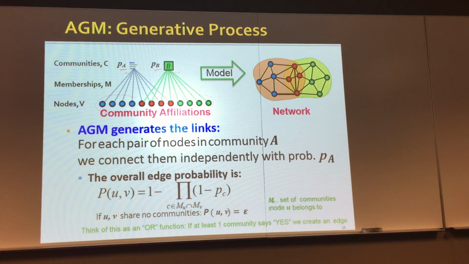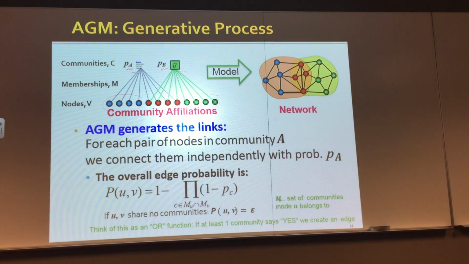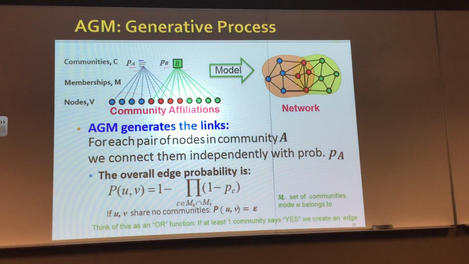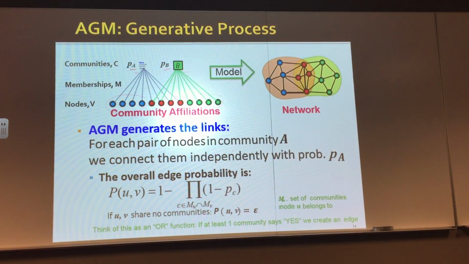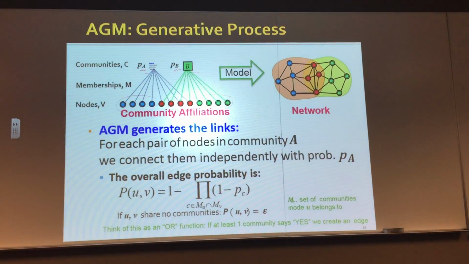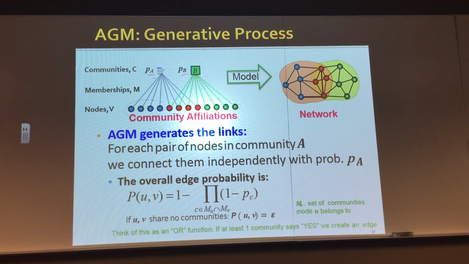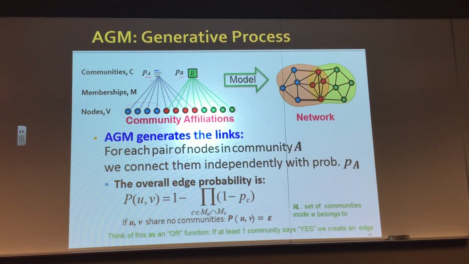So this formula that you're seeing here shows the probability that two nodes, which are U and V, will connect or create an edge. So this formula is going to tell us whether we should place an edge between two nodes.